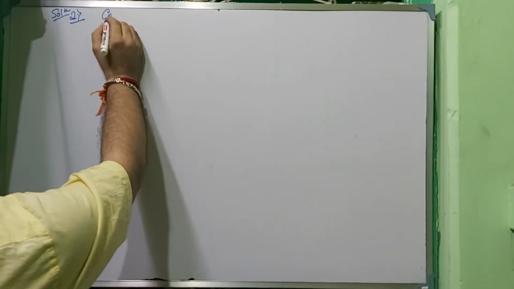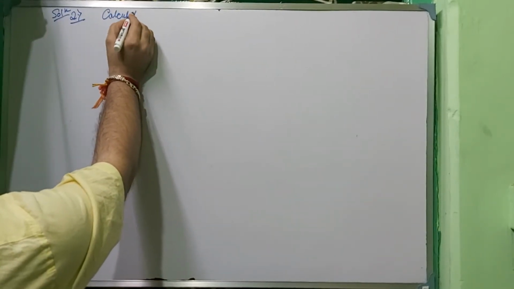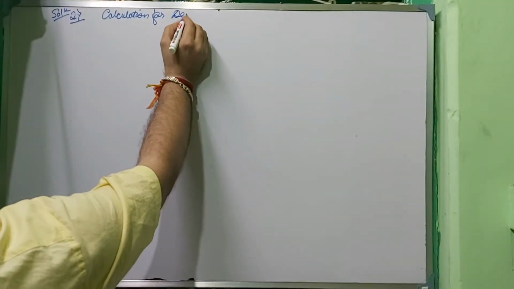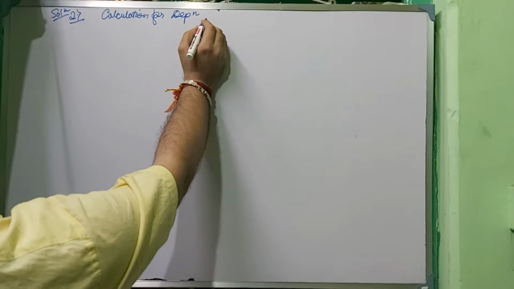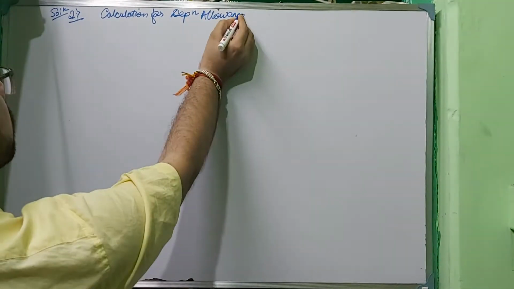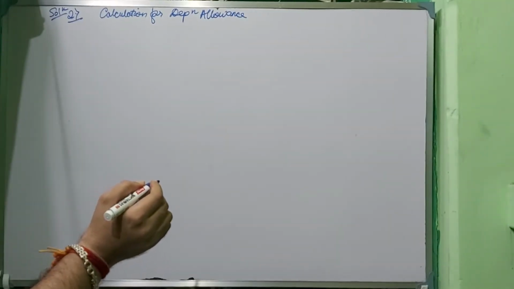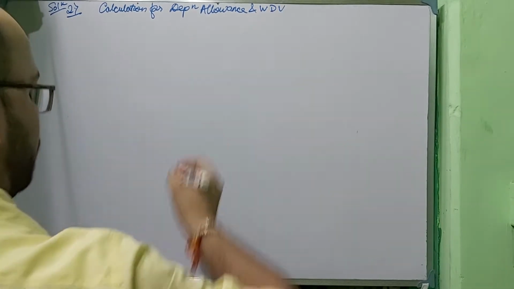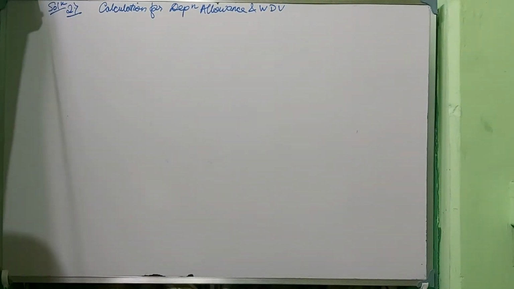So, the calculation for depreciation allowance and written down value, WDV, of the block of plant.